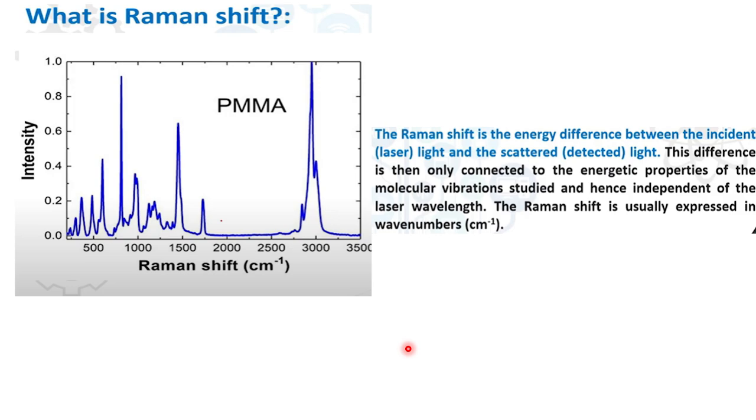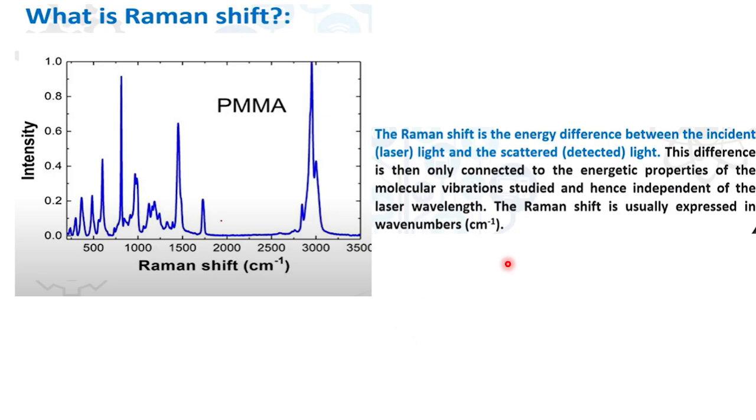Now what is the Raman shift? The Raman shift is the energy difference between the incident laser light and the scattered light. Actually in case of Raman, you need a laser source, for example 532 nanometer single wavelength light.